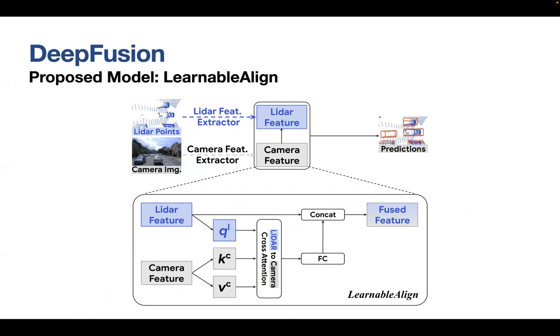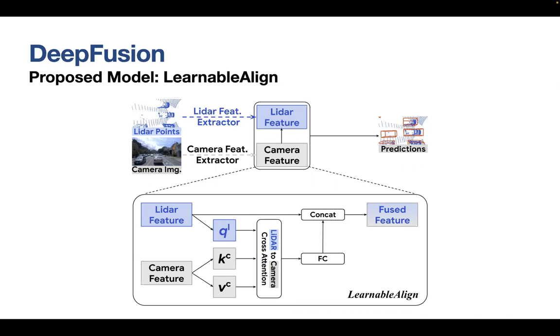We multiply the query by the key, do a softmax on it, and then reweight the values to find which camera features correspond to this specific LiDAR feature. So we do a weighted sum, then some fully connected layers, and then concatenate the final result with the previous features from the LiDAR, and then we retrieve the fused feature.